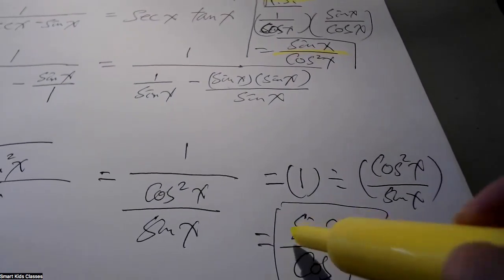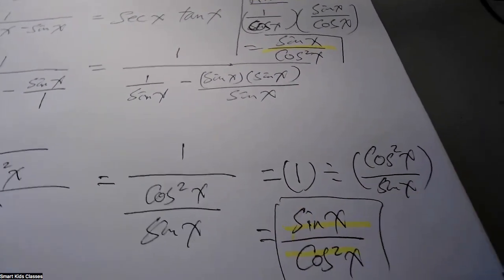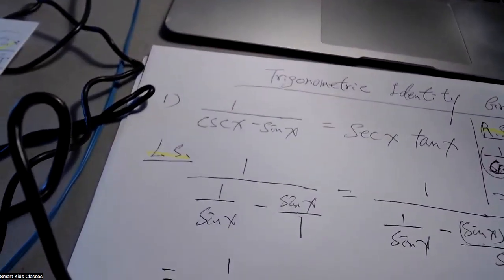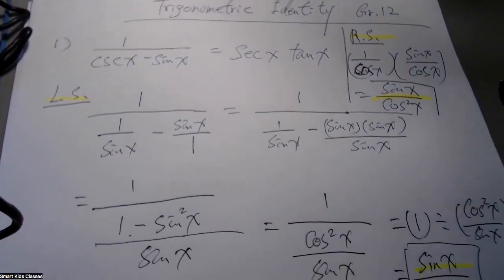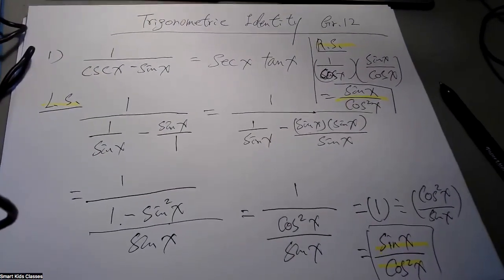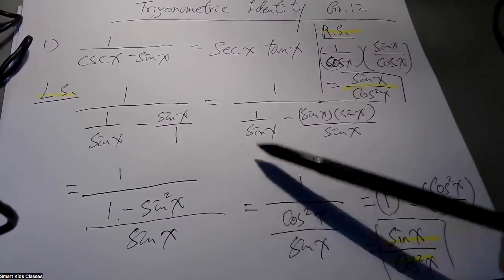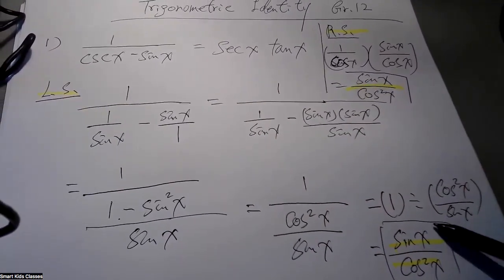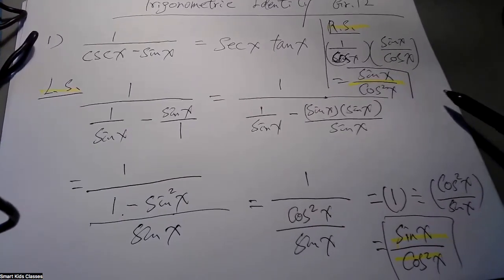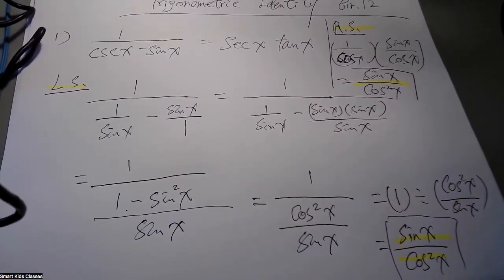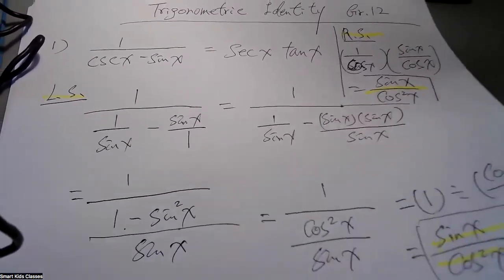Left side, sin x over cosine x. Therefore, left side equals right side. The left side is more complicated and takes the whole page to explain, while the right side is only a small corner. I hope you understand it. So let's do the next question.